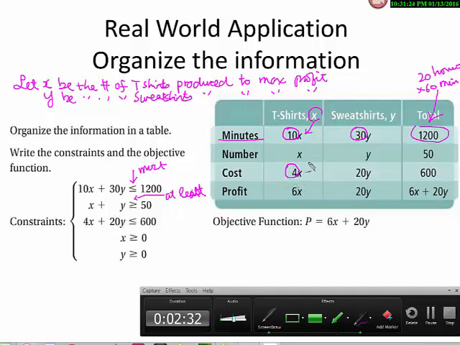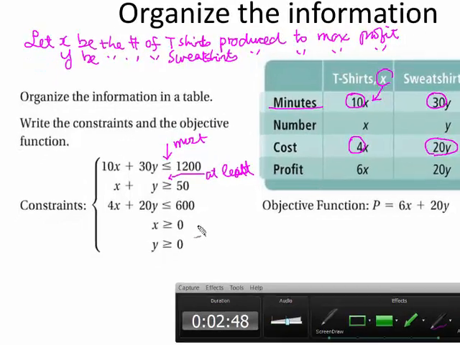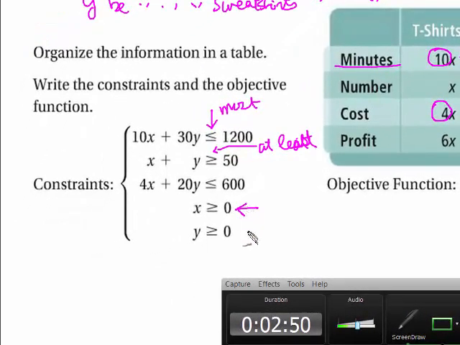So if you produce x t-shirts, you need $4x of supplies, and then you need $20y for the cost of producing sweatshirts. Added together, you cannot have more than $600 for your supplies. And x has to be at least 0, and y too. You cannot produce negative t-shirts, and you cannot produce negative sweatshirts either. So the whole thing is the constraints.